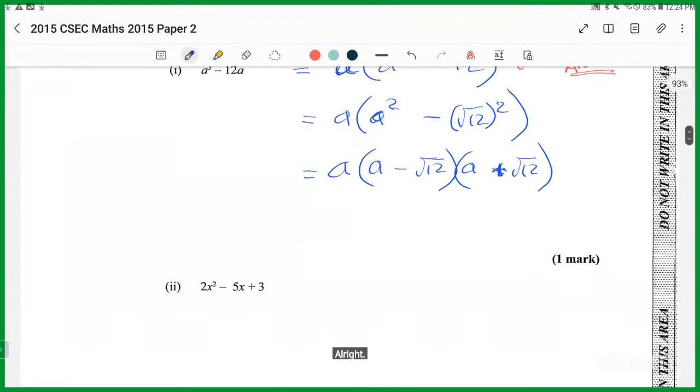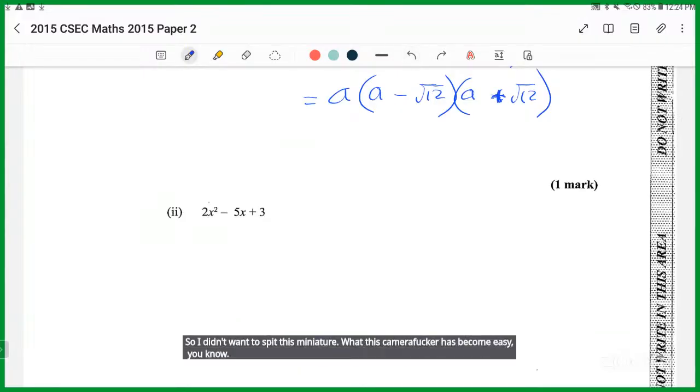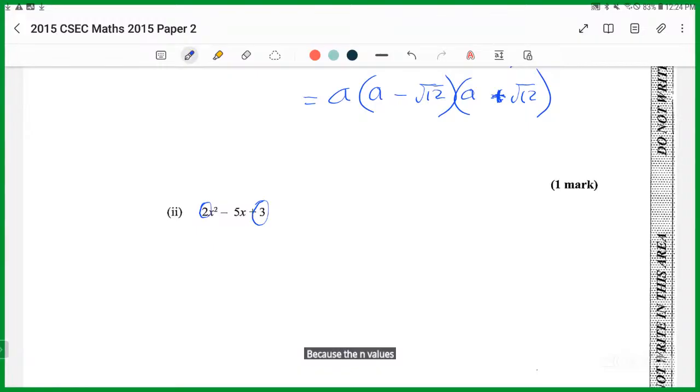And this one now wants us to factorize a quadratic trinomial with 3 terms. So again, I want to split this middle term. Now this can be factorized quick and easy, because the end values are prime numbers. The only factors of 2 are 1 and 2, and the only factors of 3 are 1 and 3.